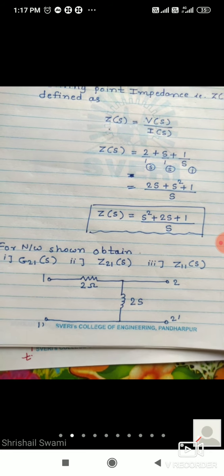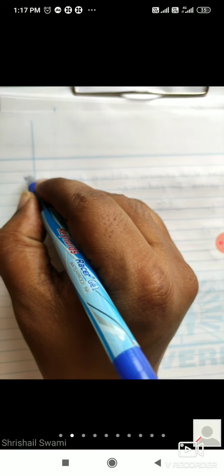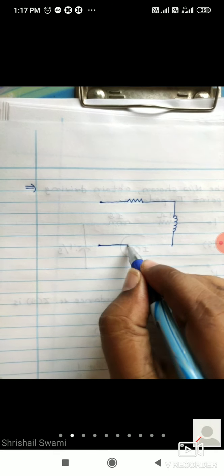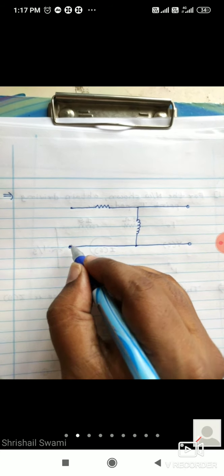So how can we start? Okay, so we'll start to solve this one. First of all, we will redraw the circuit or network, and properly mention all the variables so that we can get the answer of all.